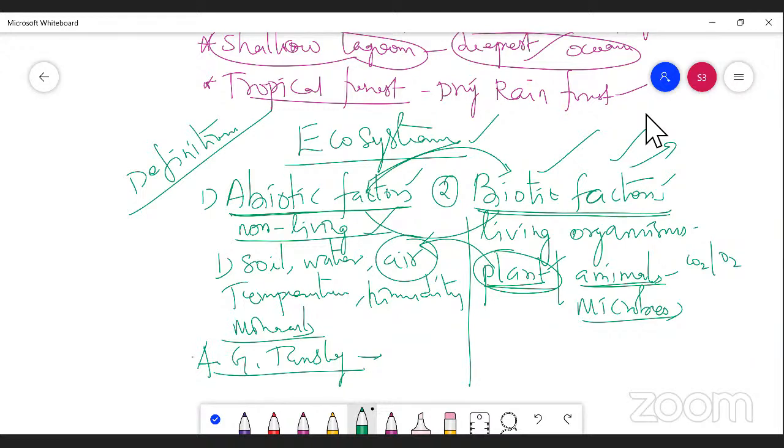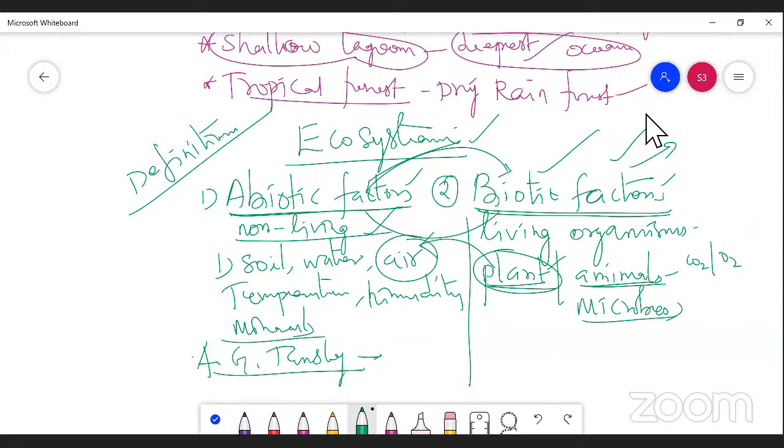Between the biotic factors and the abiotic factors, the interrelationship is there. The interrelationship of animals, plants and other non-living things within restricted boundaries, that restricted boundary structure, is an ecosystem.